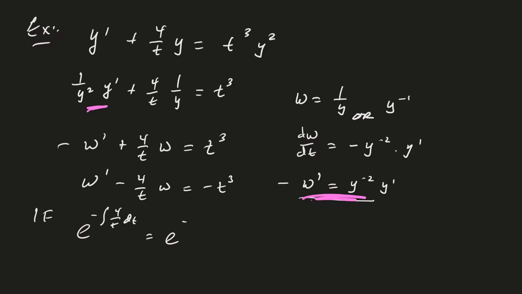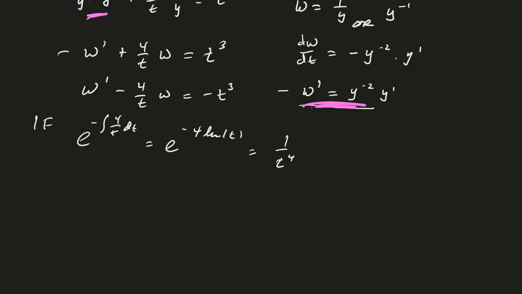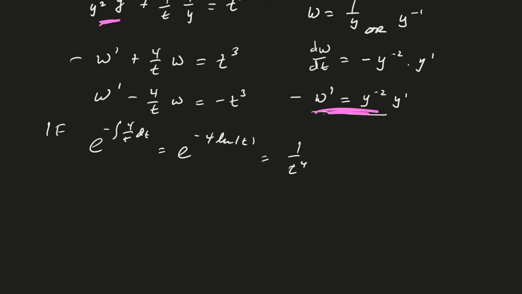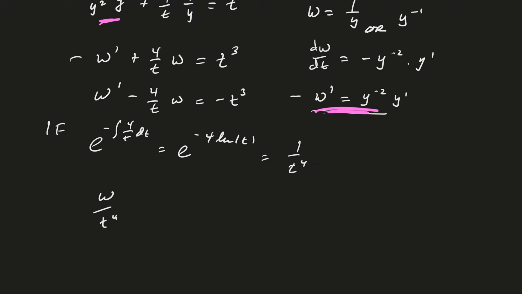That's going to be e to the minus 4 times the natural log of t, which equals 1 over t to the 4th. Good. So w over t to the 4th prime is equal to minus 1 over t.